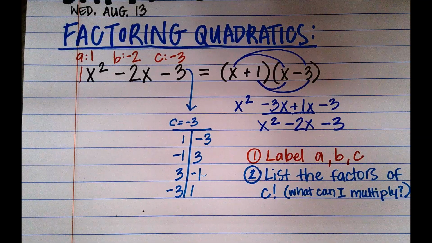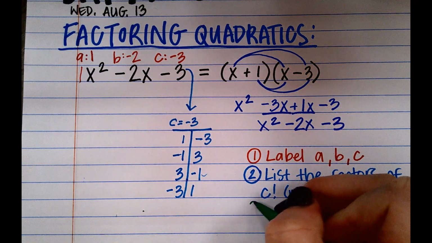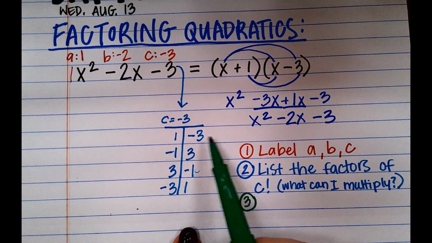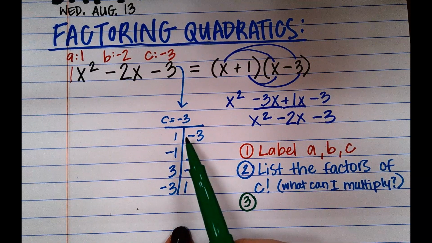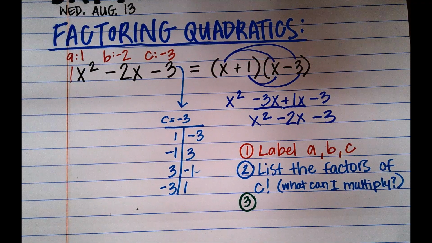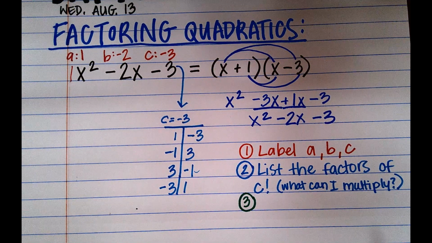Now the third step is to add each set of factors and see, do any of them add up to the same number as B, as negative 2?